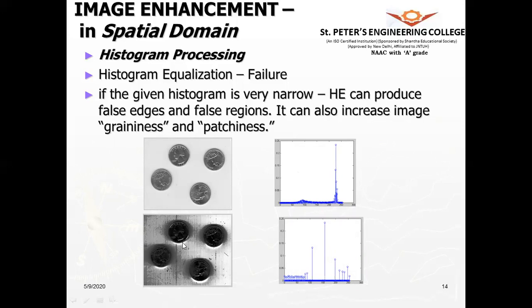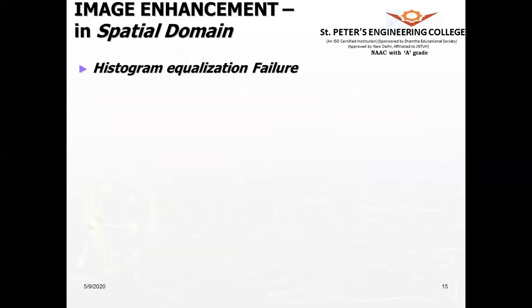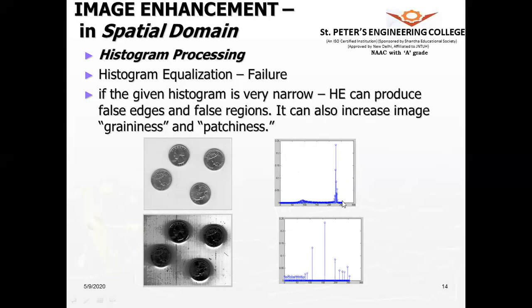That is called the false edges. A lot of these problems you can observe when you do histogram equalization. So histogram equalization cannot be applied for all cases, especially here, where the histogram is very narrow in this region. For such a problem, we should not go for histogram equalization.